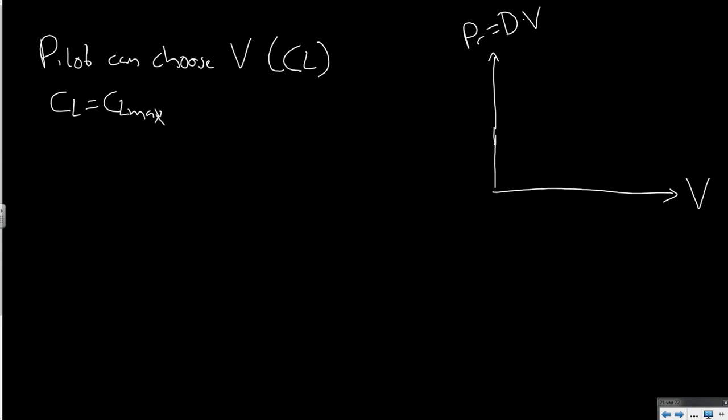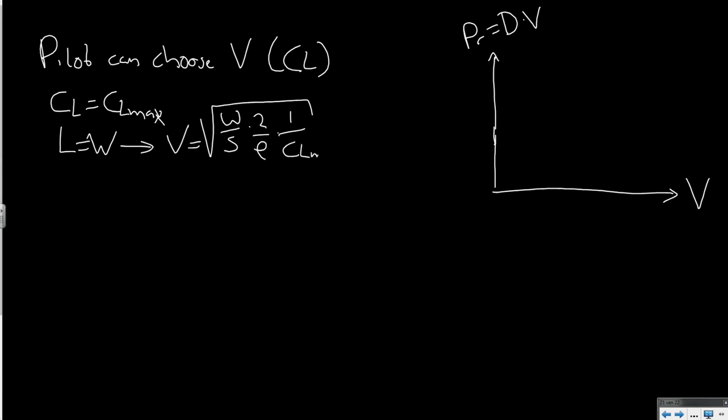In that case we can determine from lift equals weight that the airspeed equals the square root of the weight divided by S times 2 over the air density times 1 over CL, and in this case CL is CL max.